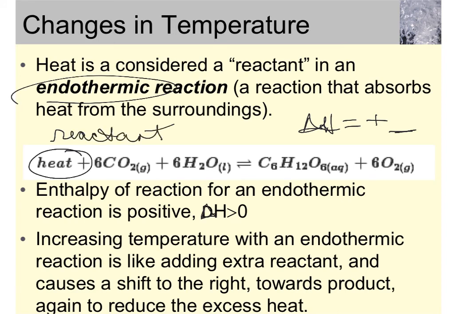Now let's look at what happens if we increase the temperature and the reaction's endothermic. That's like increasing the concentration of a reactant, and that means the reaction will shift to the right. So if it's endothermic, temperature increases, the reaction will shift right. If it's exo, it'll shift left.